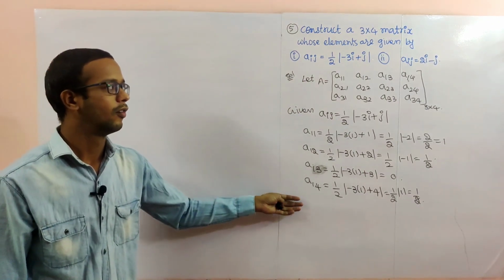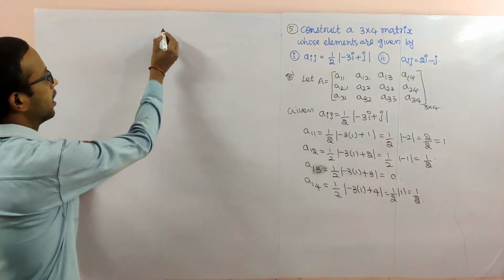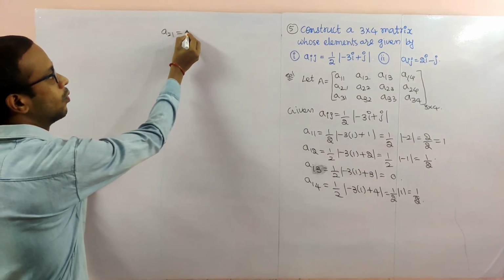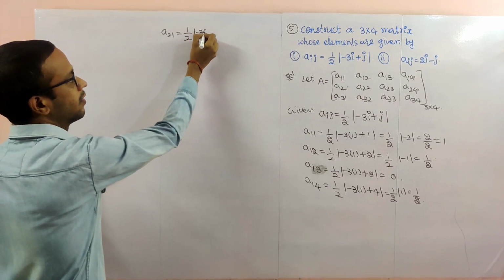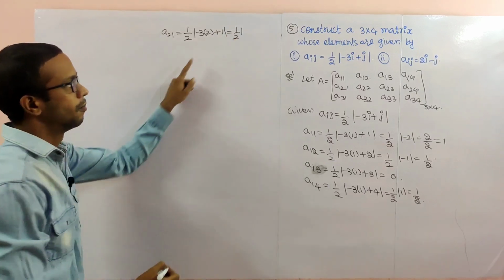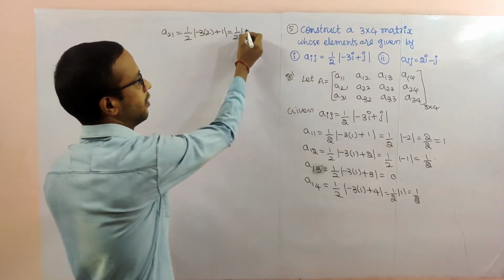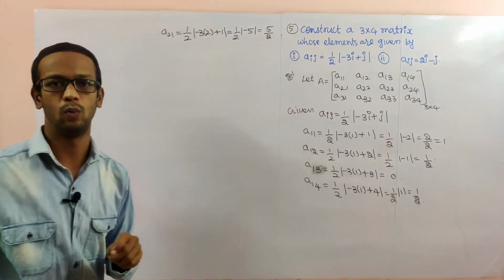Next, first row is completed. Next, second row. A21, first element: 1 by 2 mod minus 3 into 2 plus 1. 1 by 2 mod minus 6 plus 1, minus 5. So the answer is 5 by 2.